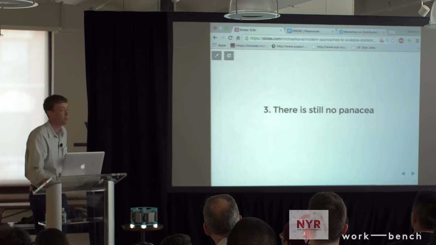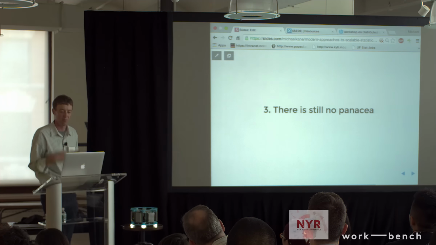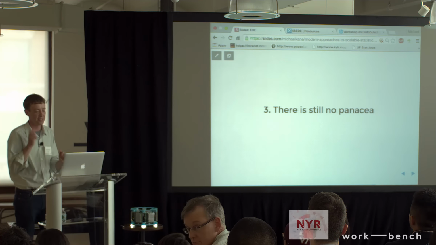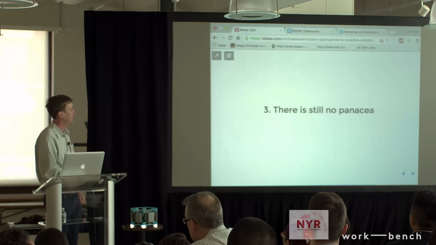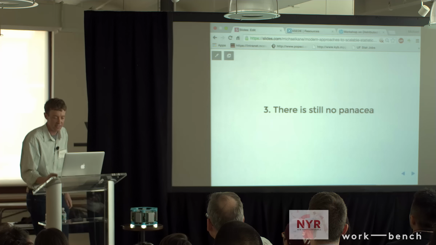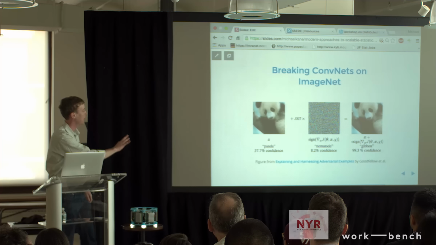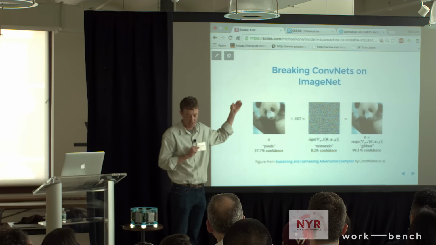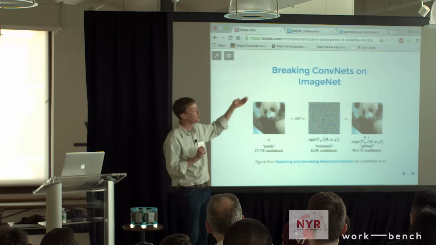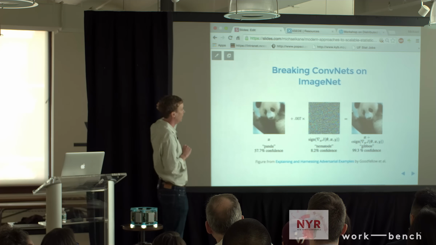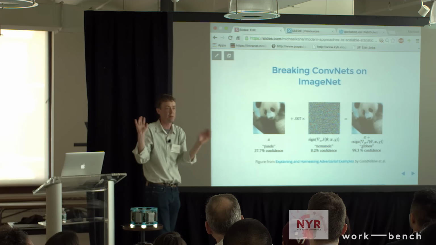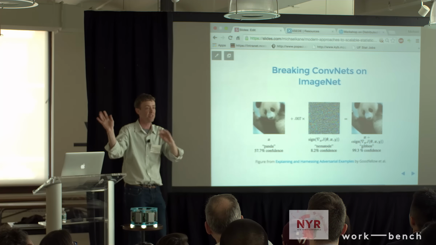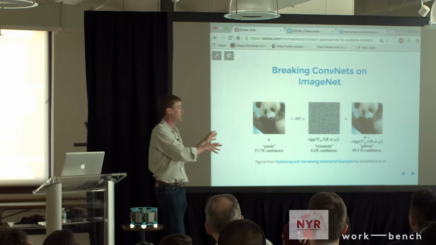All right, the third point, I'm on time, is there's still no panacea. Neural networks, or convolutional neural networks, like they're called now, have been really interesting for us to see, especially if we remember when they were just called neural networks.